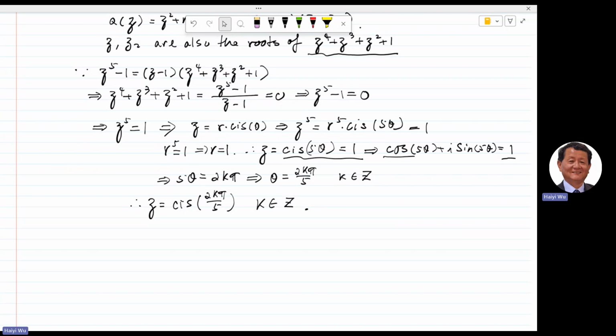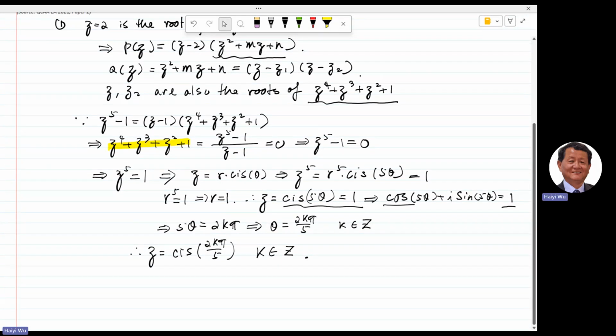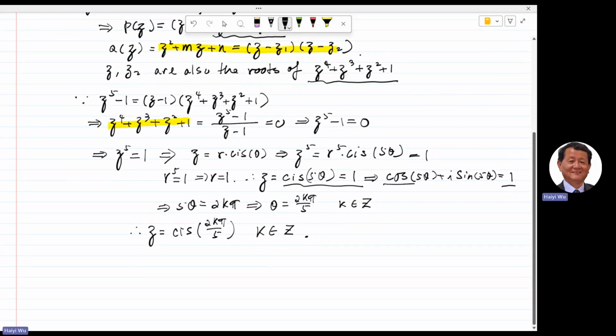Because this function has two roots that are the same as the roots of this quadratic, we assume, because this is z to the power 4, that there is a pair.